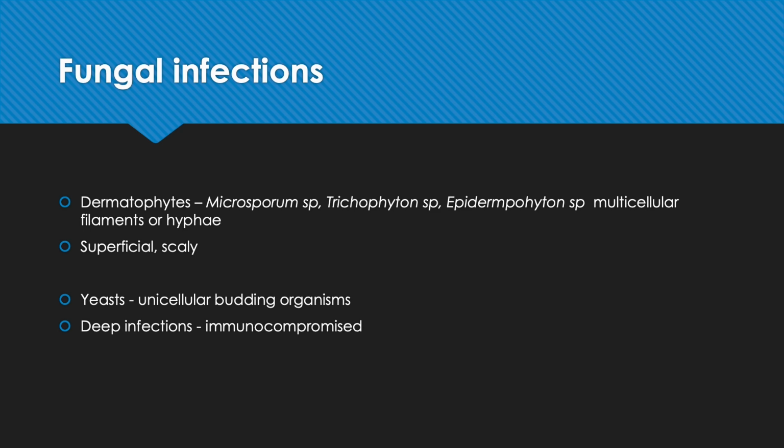By contrast, yeasts are unicellular budding organisms, the most common being Candida. Although most fungal and yeast infections are superficial, deep infections can occur by much rarer organisms, particularly in the immunocompromised.